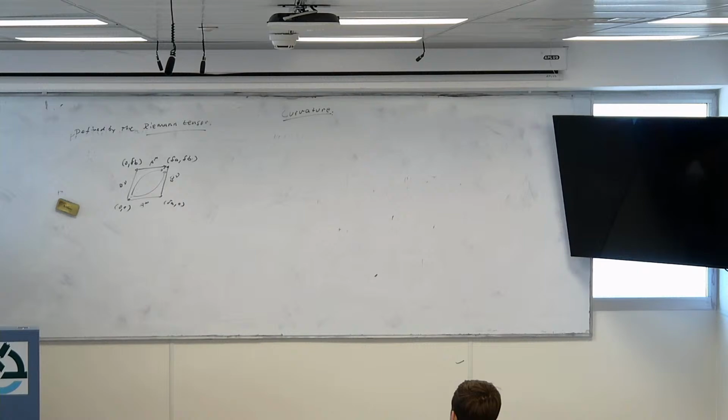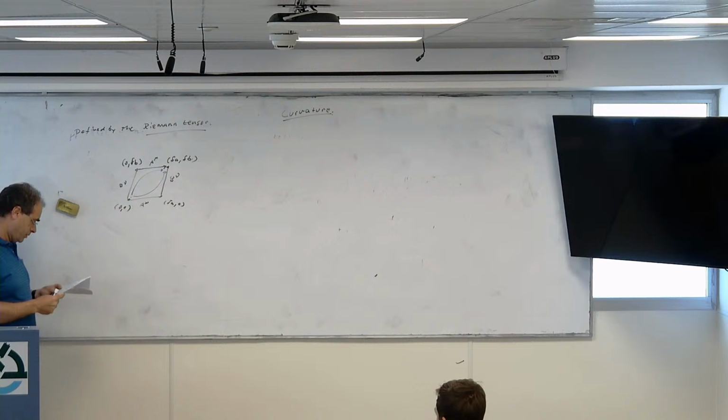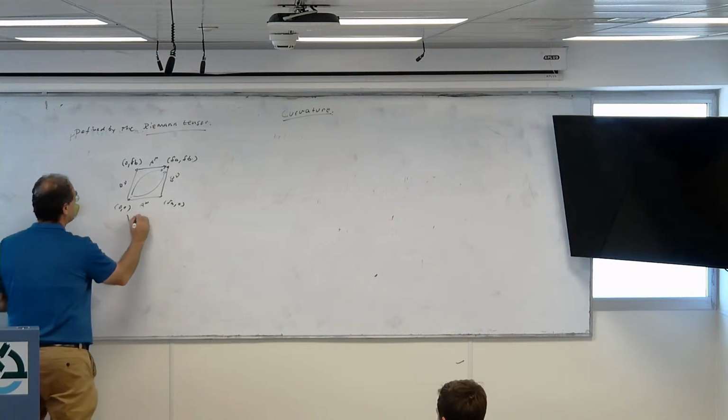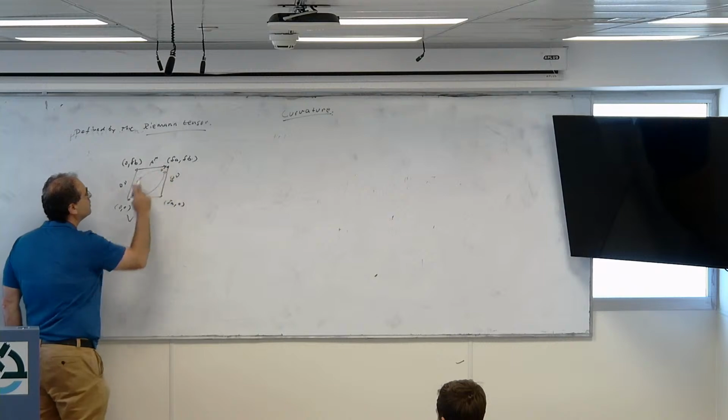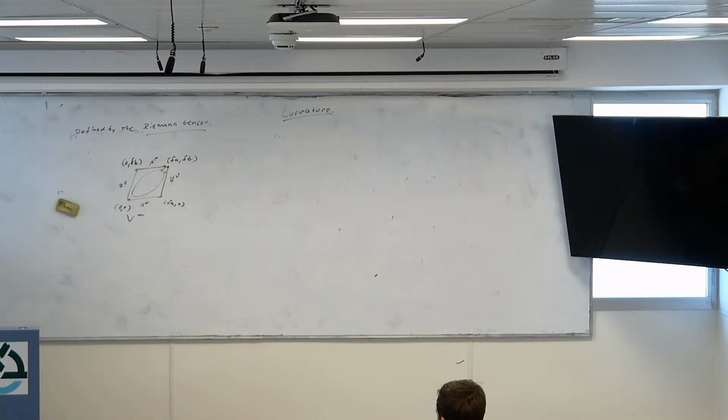Let's see how it changed. So we have a vector V, and we're going to transport it parallel to itself from 0, 0 to delta A, delta B.